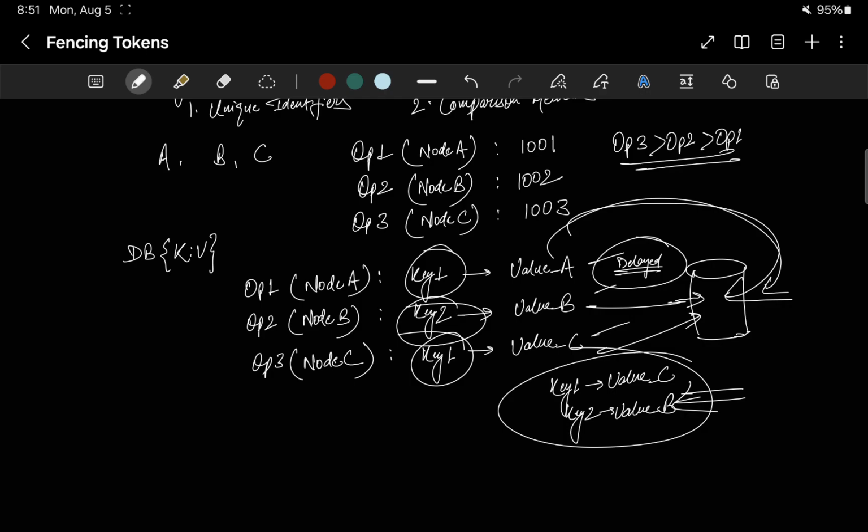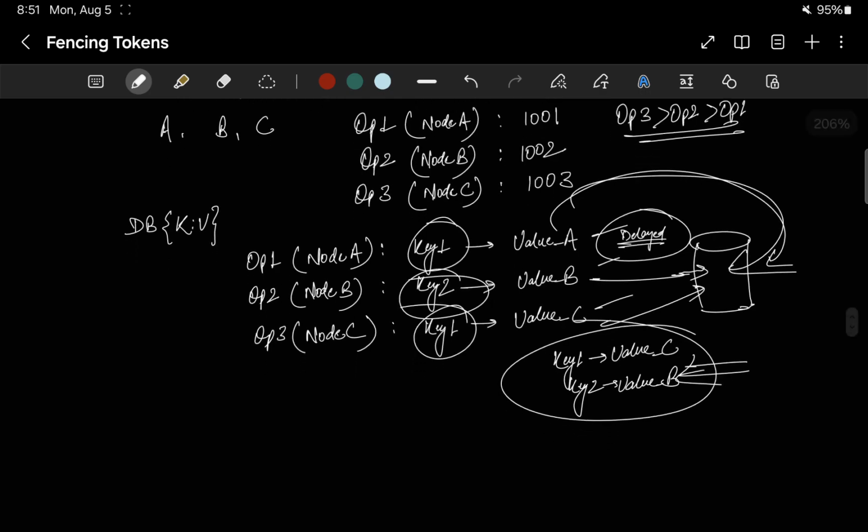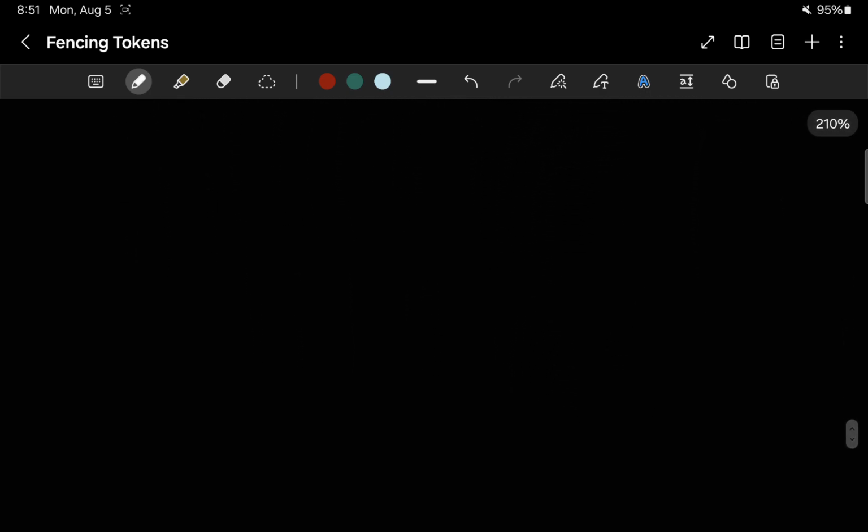Okay, let's talk about some of the use cases now. First one, the most common one, would be distributed databases.